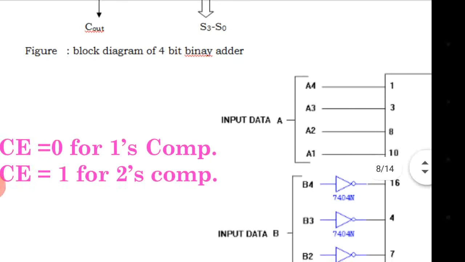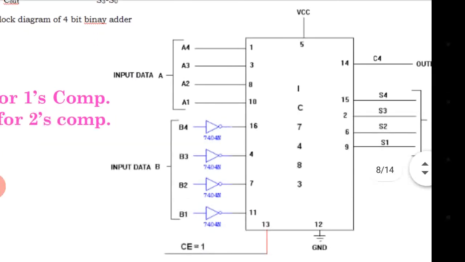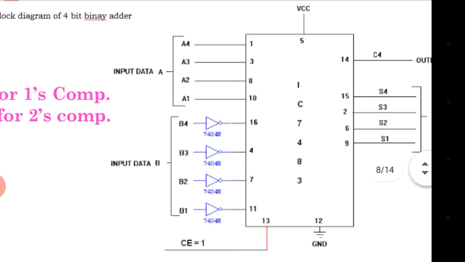If you want to subtract two numbers by using adder, first input A is given as it is, the second number B is given to the inverters, and the output of the inverter is given to the IC. IC will add them, generate the output and carry out.